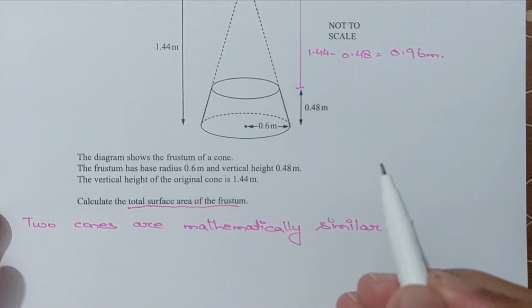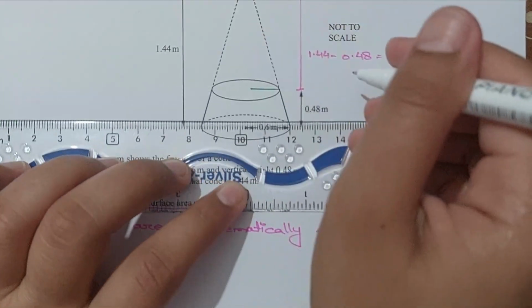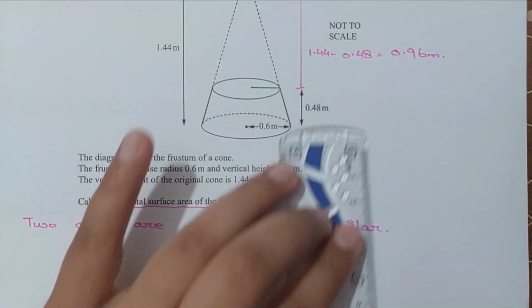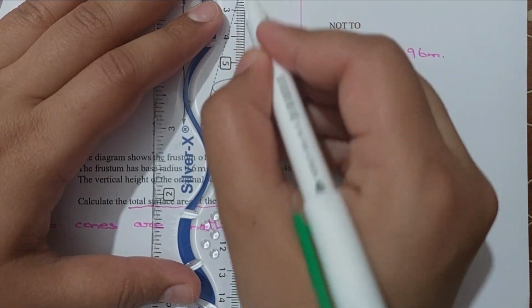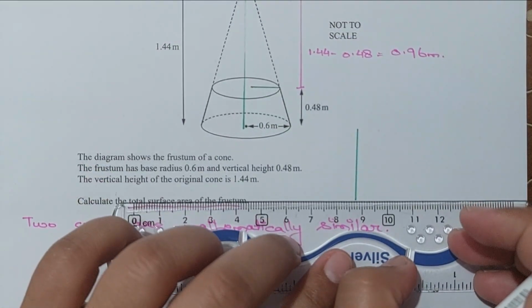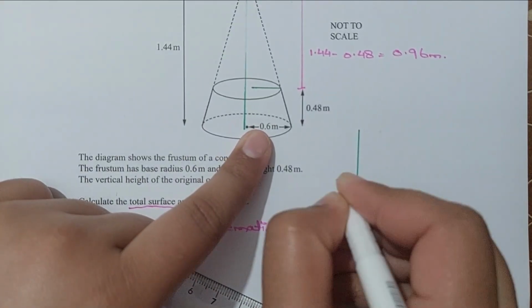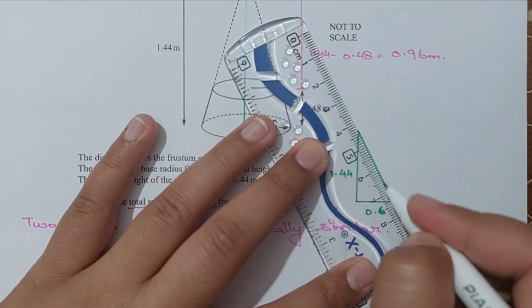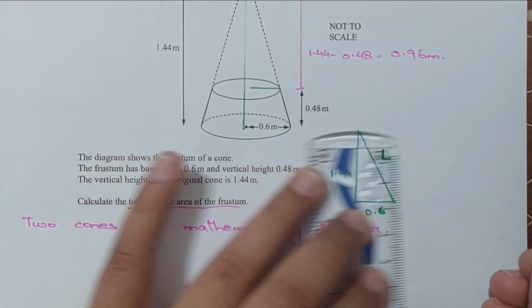Let's say this is the smaller cone, its radius is small r, and this is the larger cone, its radius is capital R. The height of the larger one, the height of the smaller one. If I draw the vertical height, the vertical height is 1.44 and the radius is 0.6, and this would be the slant height, capital L. We're working with the capitals.